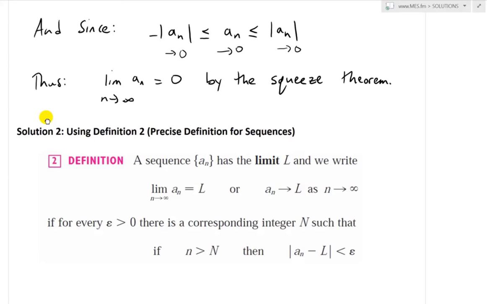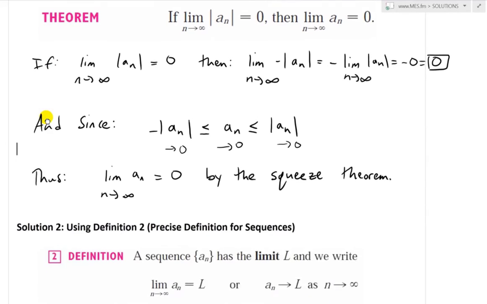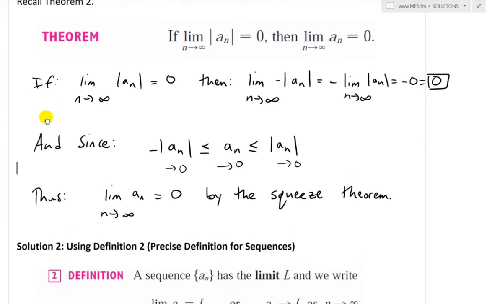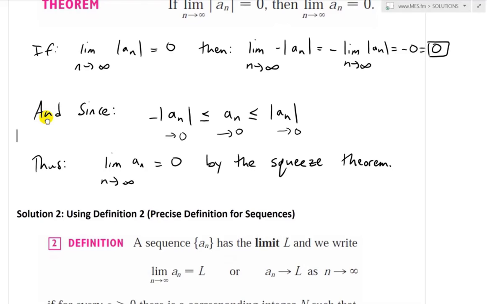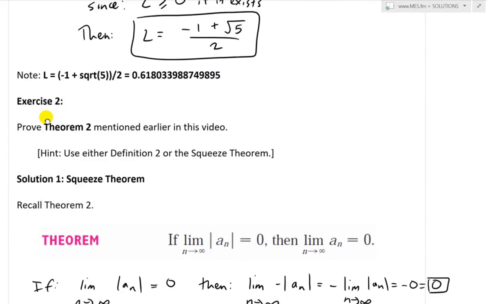So there it is. Now let's solve this very same theorem using solution 2, which uses Definition 2, a precise definition for sequences, as illustrated in exercise 1 as well.